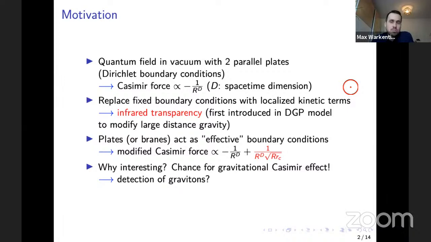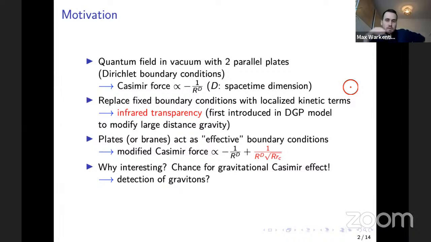This phenomenon, which is sometimes called the infrared transparency phenomenon, was introduced and studied in the DGP model already 20 years ago. However, in the DGP model, this phenomenon was not investigated in the context of the Casimir effect, but as a way to modify gravity at large distances.